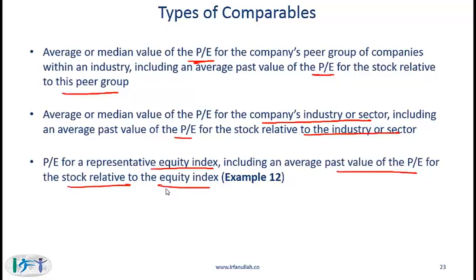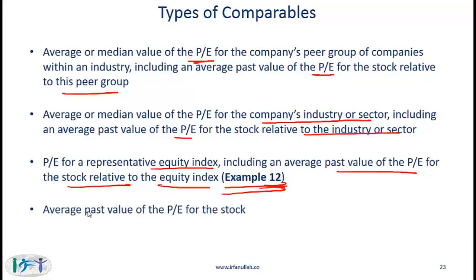At times you might just want to compare with the index. A relatively straightforward example is this one, number 12. I'll not cover it, but you can read it if you have time. And finally, you can also compare the PE of a stock, the current PE, with historical numbers or historical values of the PE for the same stock. So this essentially is a time series analysis.